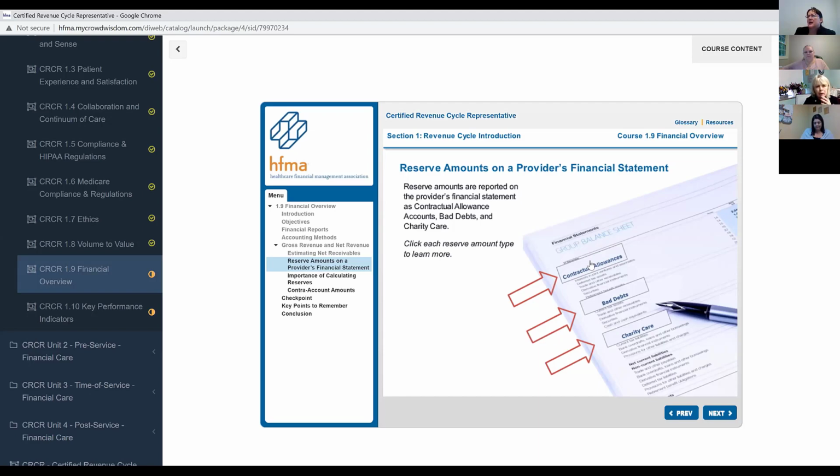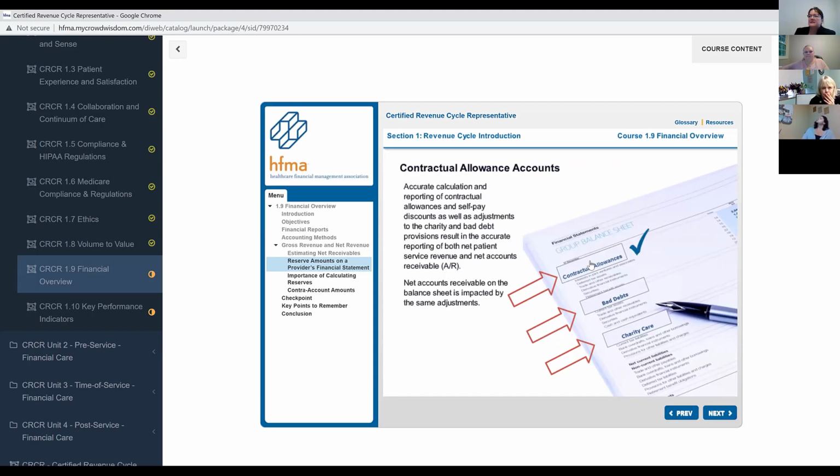But then based on your payers that may be at gross, or your self-pay population that you expect may convert into charity care or bad debt, you record reserve adjustments against that receivable to come up with your net realizable value, what you expect you're going to collect on the revenue.